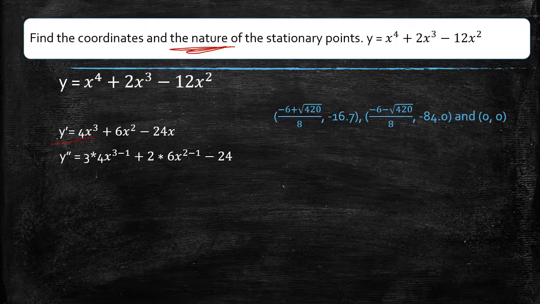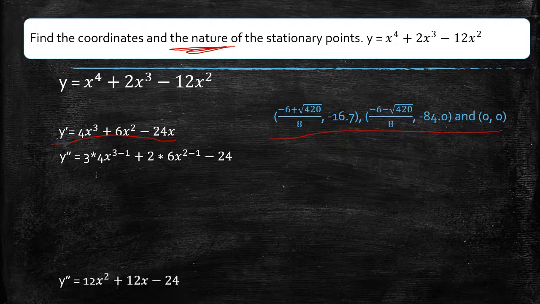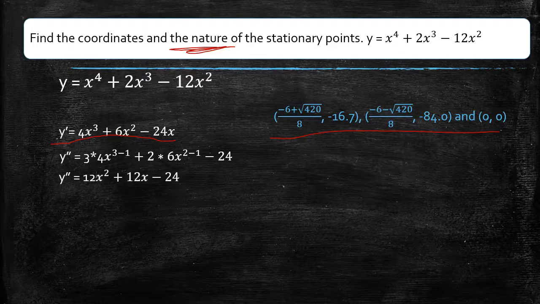And we already knew the first derivative and our stationary points. So we're going to use this information to find the nature of the stationary points. You would use your formula booklet to find the second derivative, and you'll find that the second derivative is equal to 12x squared plus 12x minus 24.